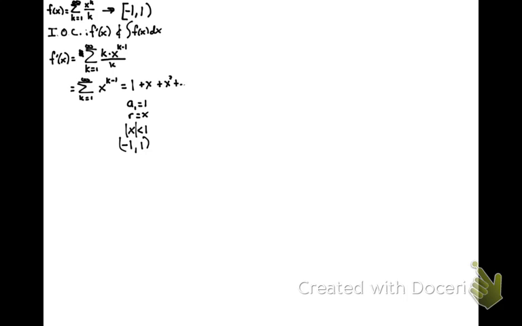Now, if we were to consider the second part, what is the integral of the series k equals 1 to infinity of x to the k over k dx? We're just going to integrate the rule, which means the integral of this: x, the power needs to be increased to k plus 1.